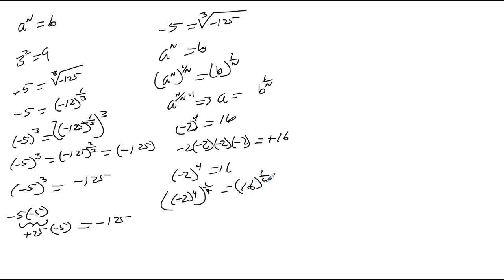Well, 4 over 4 is 1, so that leaves minus 2 is equal to the fourth root of 16. That doesn't mean the square root of 16. That means the fourth root of 16. And that's how simple that is.